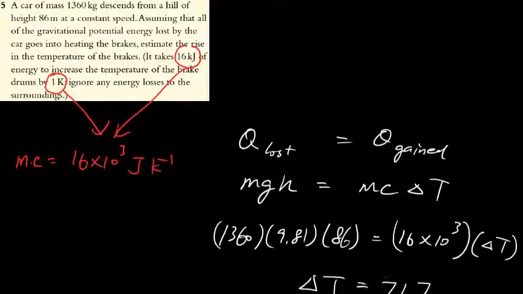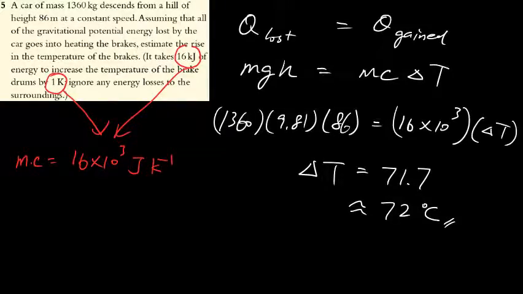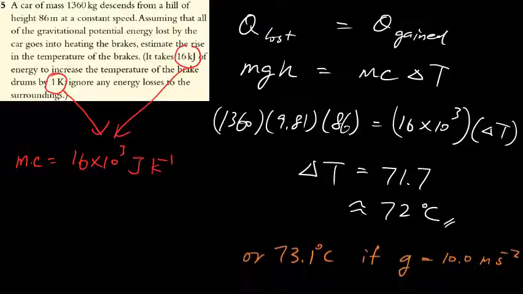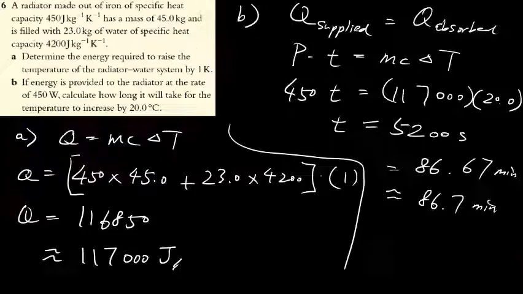That's something you need to find out in the question, and after that you can proceed with the normal calculation, which starts from energy gain equal to energy loss. You substitute everything inside and find the temperature change, which will be 72 degrees Celsius. Or if you take g as 10, then you will find the answer as 73.1 degrees Celsius. I guess that's how the textbook answer worked out at last.